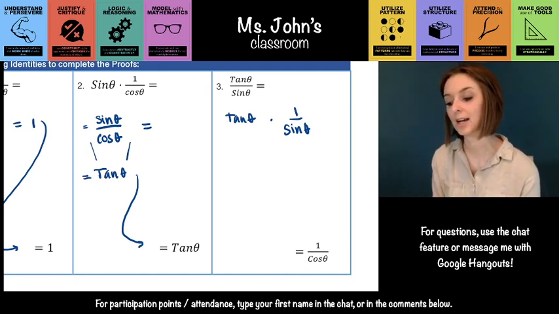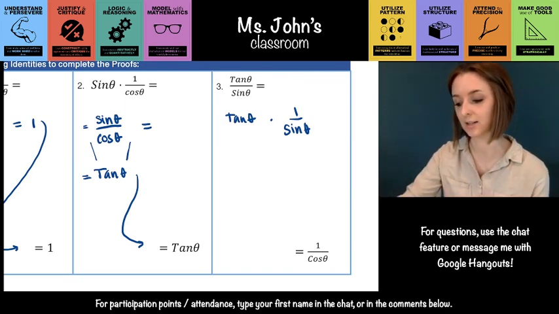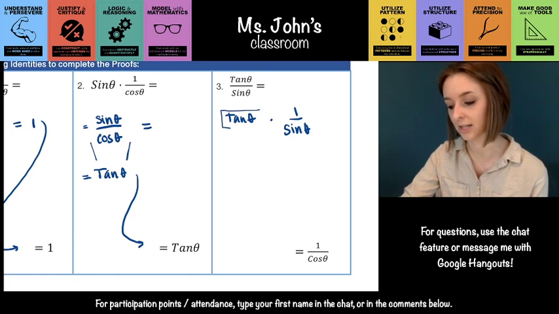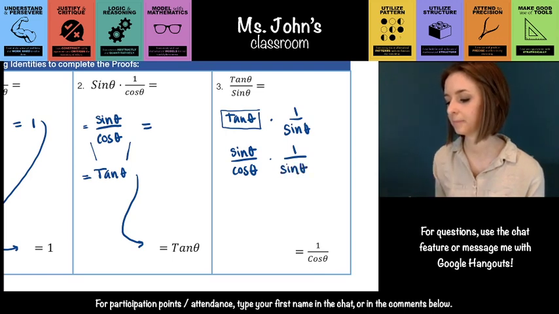So I'm trying to separate out my fractions so that I can turn tangent into its own fraction and see what's happening. So speaking of which, I'm going to take tangent and replace it with sine of theta over cosine of theta, because that's the identity. And it still equals 1 over sine of theta.